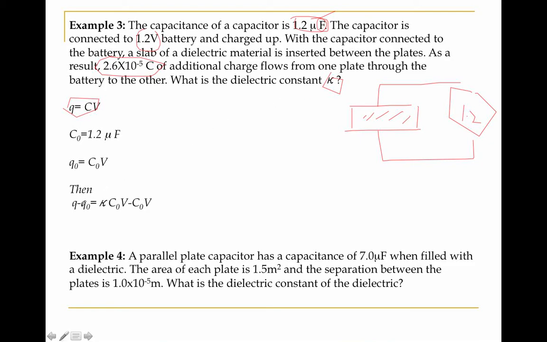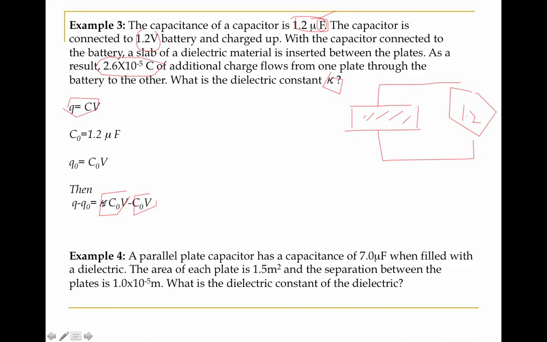So that means Q minus Q0, that's delta Q, which is this number here, 2.6, is equal to what? Remember, Q is equal to CV. So Q is equal to kappa C0V, that's the new charge, and C0V is the initial one.